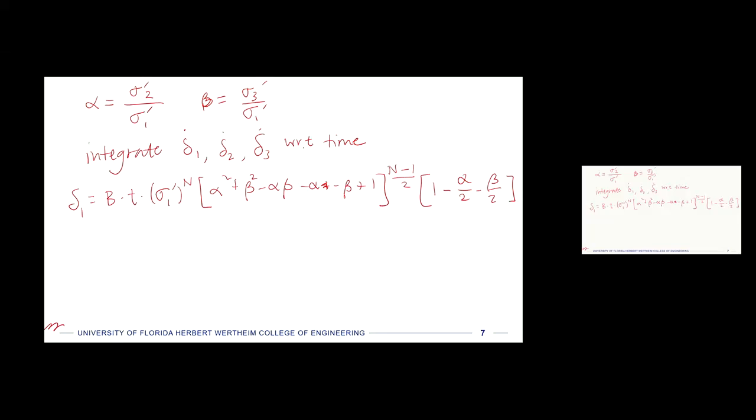Okay. And then we can do the same thing for delta 2 and delta 3, and then they should all sum to 0. Even with creep, unrecoverable strain, we still have the assumption that the volume does not change.